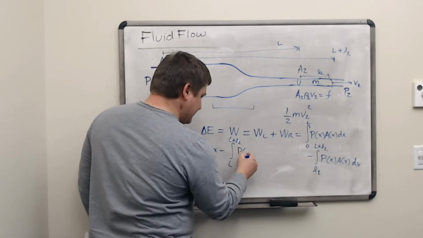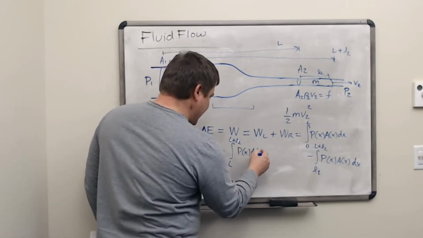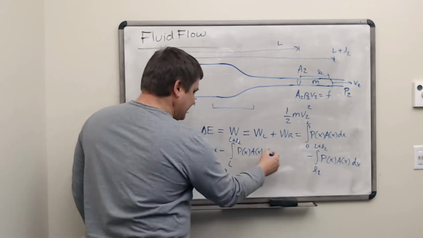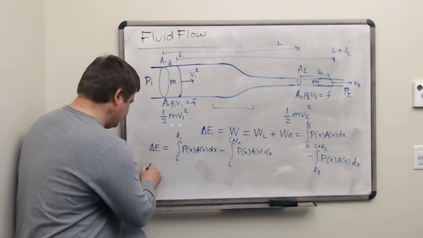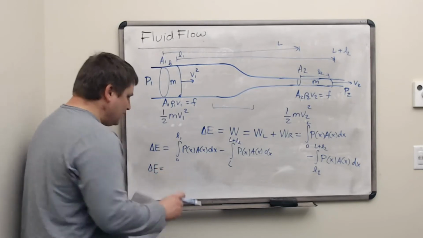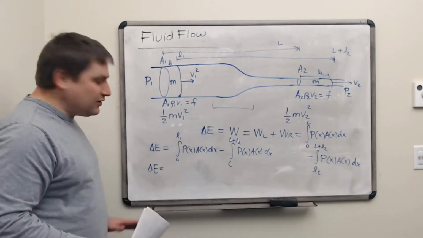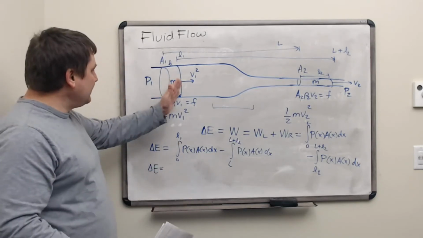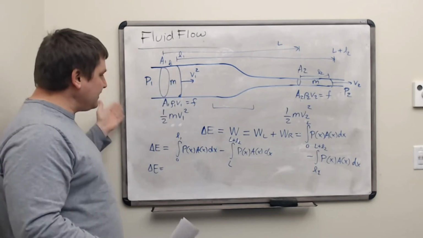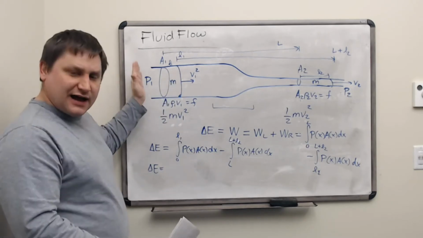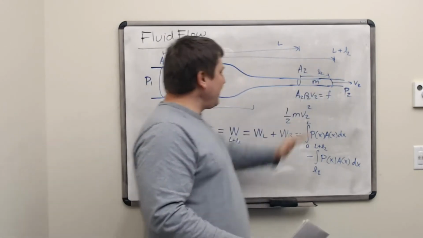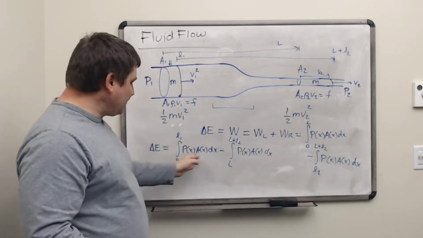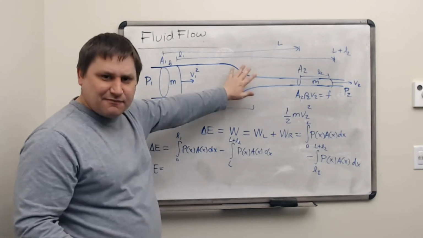So that's P times A at those x positions over there on the far right. Okay, so we're almost done now. We use now the fact that the pipe on the far left is basically constant pressure and constant area, and the fluid on the far right is at some pressure and some other area. And these functions only change kind of in this middle region.